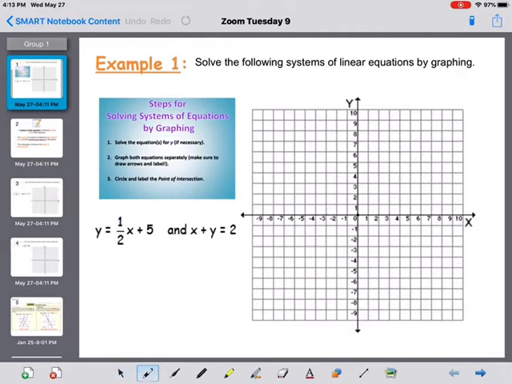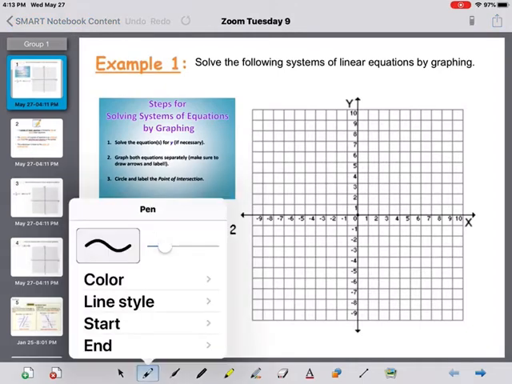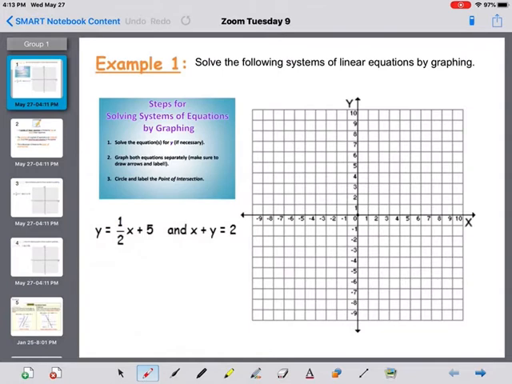So for this first equation, y equals 1/2 x plus 5, we have an equation that is in slope-intercept form already. Remember, slope-intercept form is y equals mx plus b. So I can see that my slope is 1/2 and my y-intercept is 5. When I go to graph this line, I'm going to plot my y-intercept first. From there, since my slope is positive, I'm going to go up 1 and to the right 2 a couple of times.